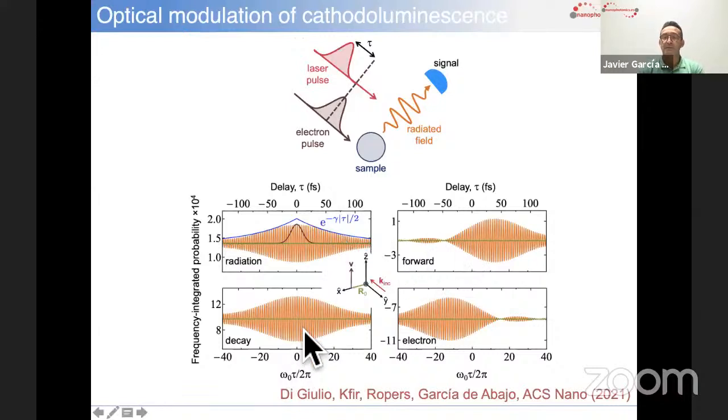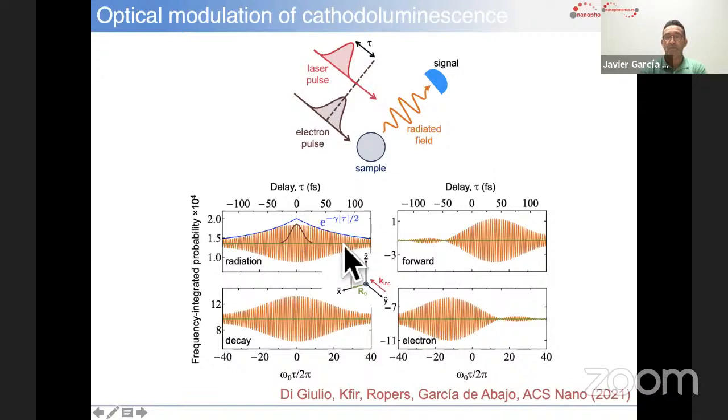And then you have different channels of energy to go towards the detector as energy change in the electron, also inelastic decay inside the atom, or also stimulated processes that end up changing the energy of the incident laser pulse, right?